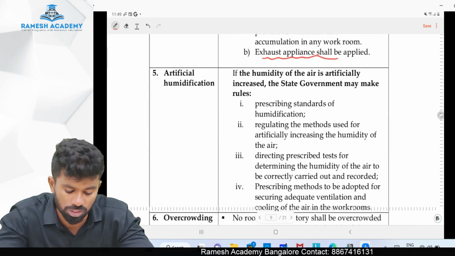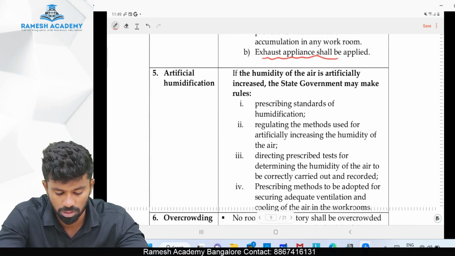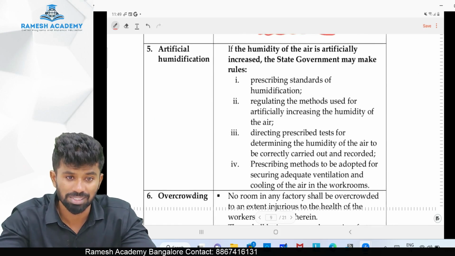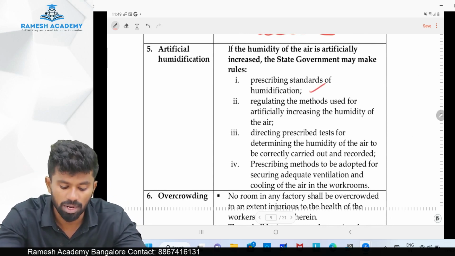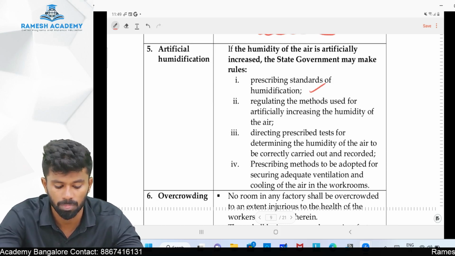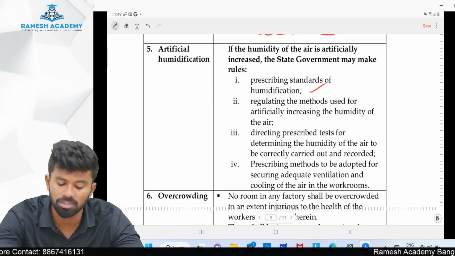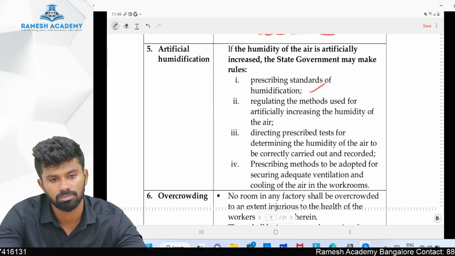Artificial humidification. If the humidity of the air is artificially increased, the state government may make rules for what? Prescribing the standards of humidification, regulating the methods used for artificially increasing the humidity of the air, directing prescribed tests for determining the humidity of the air to be correctly carried out and recorded.